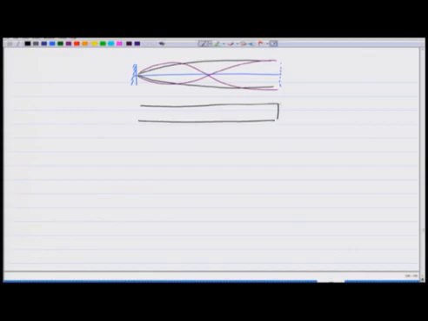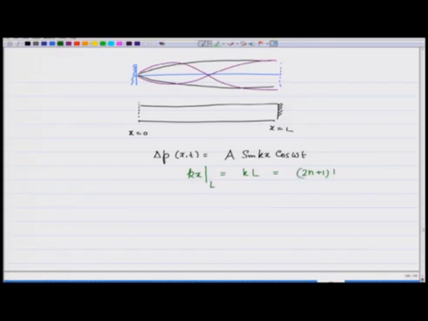which is closed at x equals L and open at x equals 0, I would have delta P as a function of x and t equals some large amplitude A sine k x cosine of omega t, with k x such that at x equals L, it becomes K L is equal to 2n plus 1 pi by 2.